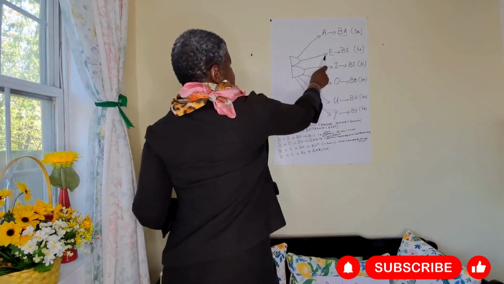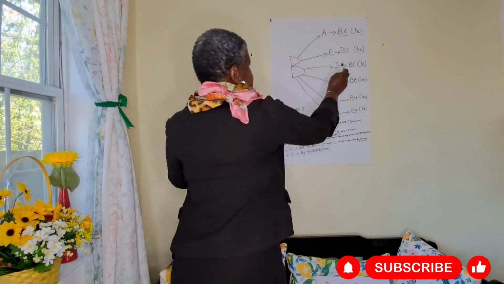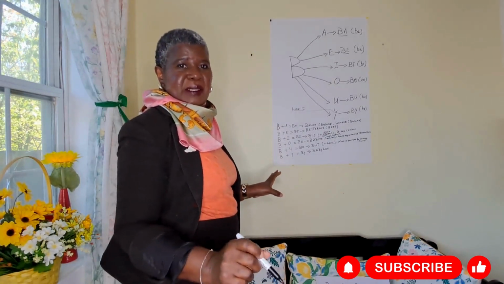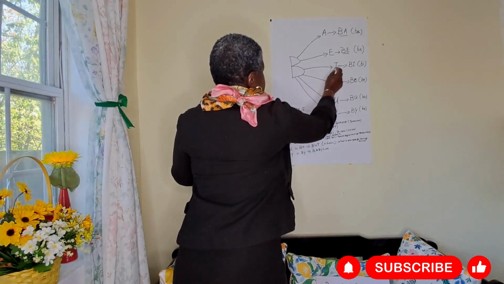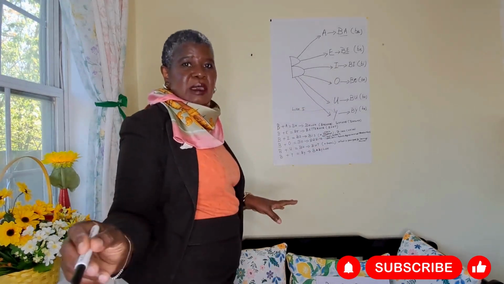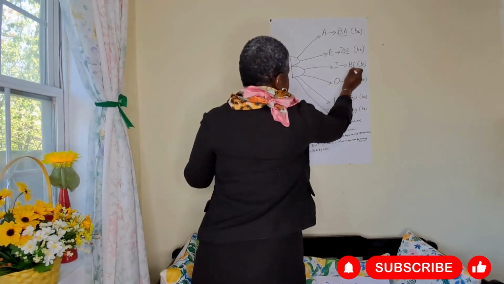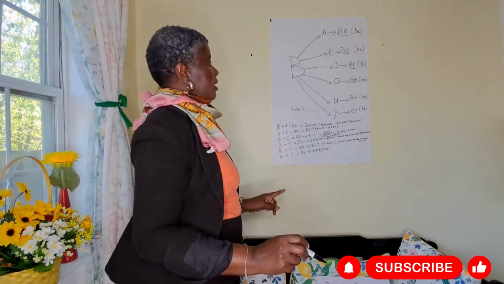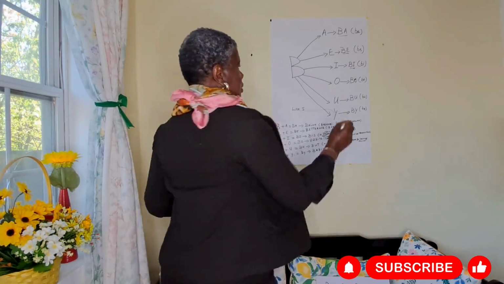B plus E in French makes the sound be. B plus I in French makes the sound bi. B plus O in French makes the sound bo.